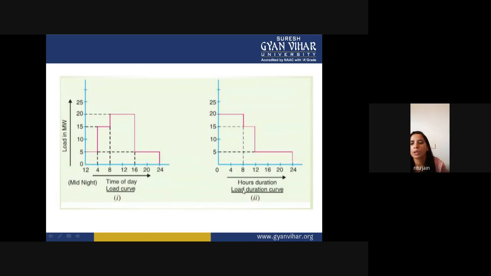But in the load duration curve, you can see that first we are taking the peak load. From the daily load curve, you can see that 20 megawatt is the maximum load, and this is for 8 hours. This is time of the day, but this is hours duration. For 8 hours, the load is 20 megawatt.